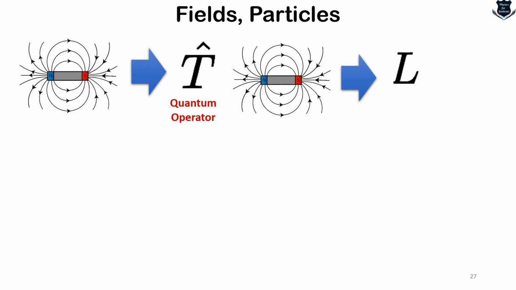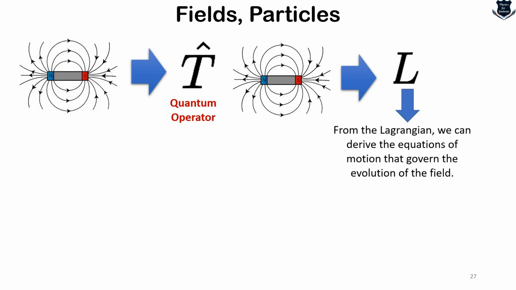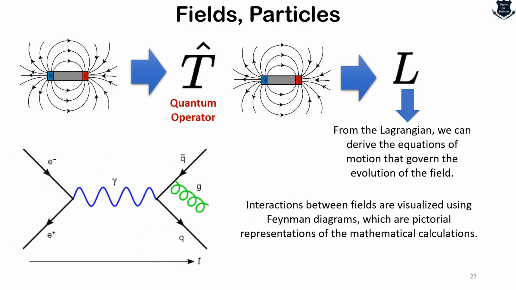And the entire field dynamics is now guided by what is called the Lagrangian as well as the Hamiltonian. I've just shown the Lagrangian here. From the Lagrangian, we can derive the equations of motion that govern the field. And these derivations are actually partial derivatives, which ultimately give rise to the particles.